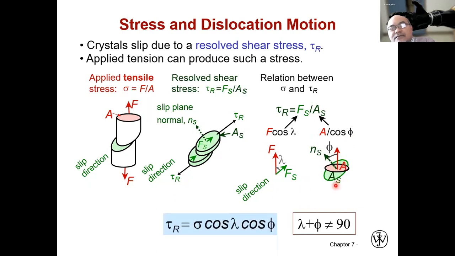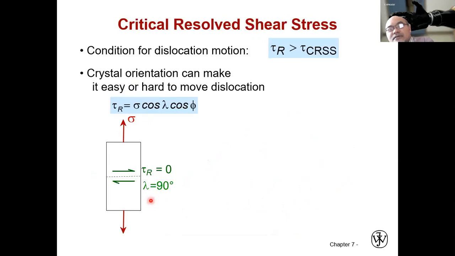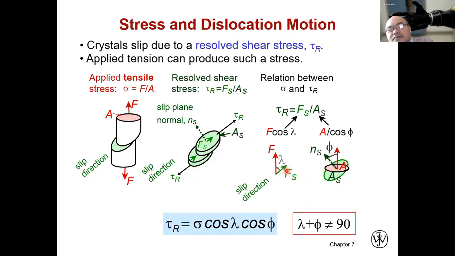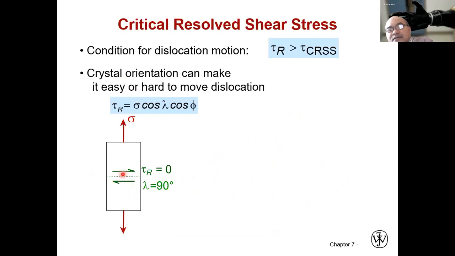Cosine of 90 degrees is 0, so tau R equals 0, because lambda is 90 degrees. Fs will be directed perpendicular to this sigma. So when the slip plane is perpendicular to the direction of the axial stress, we will not have deformation.